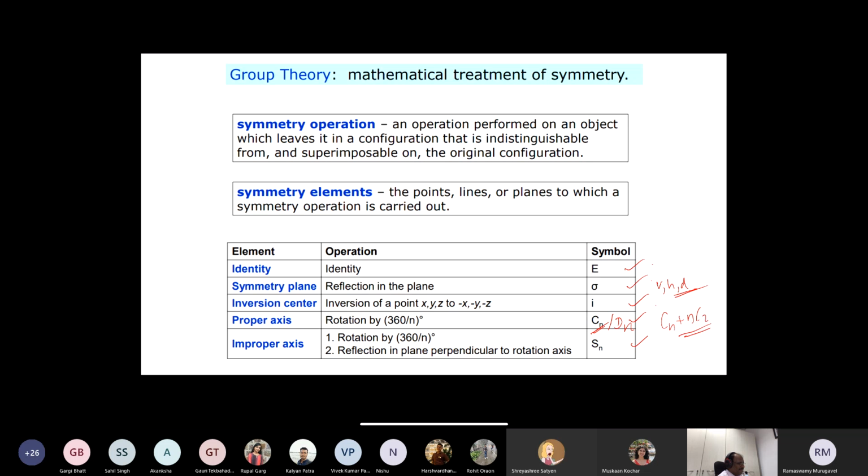These are the symmetry elements which you will find in any molecule that is thrown at you. Nothing is going to come out of this. So: identity, reflections of the vertical, horizontal, and dihedral type, an inversion center, rotation only with the C type, and sometimes the D type. In a molecule like benzene you have a C6 axis and six C2 axes, so you call it D6, not C6.